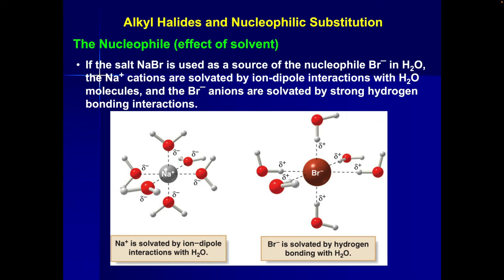Okay, so let me draw another reaction up here. Let's say I've got some alkyl halide. We'll just use X, where X is not bromide. And we throw this in with some sodium bromide.